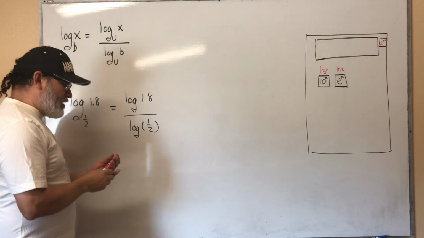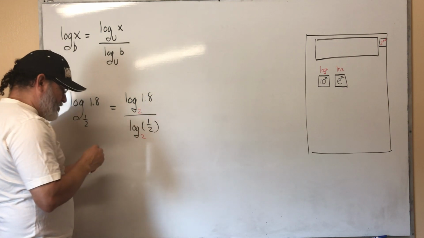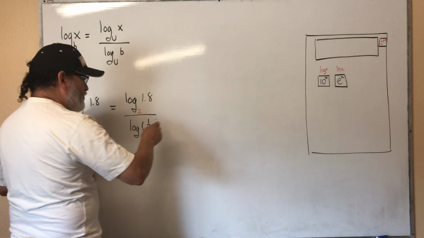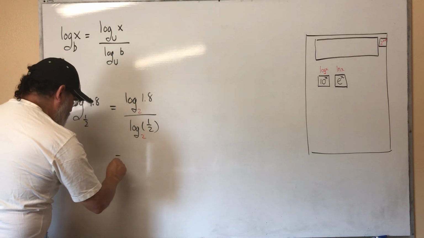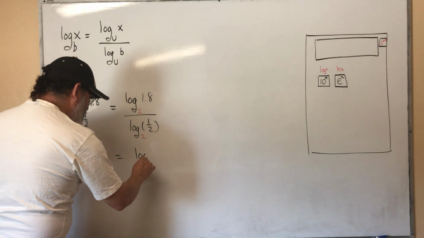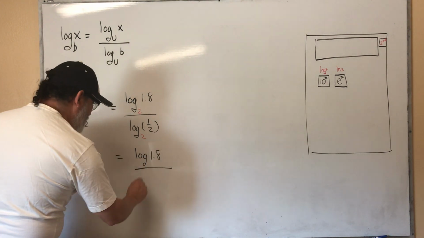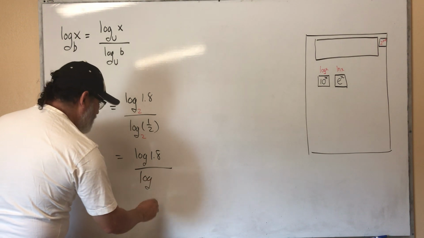Okay? You pick 2 first, but if you want to change the base, you can. If you want to pick base 10, you can. So this is log base 10 of 1.8 divided by log base 10 of a half.